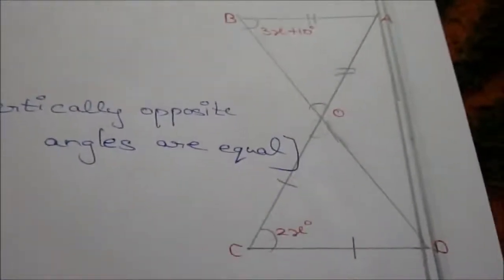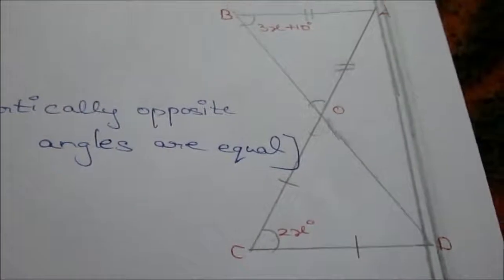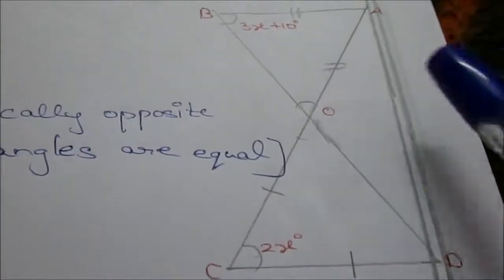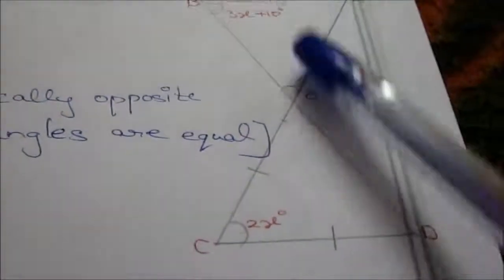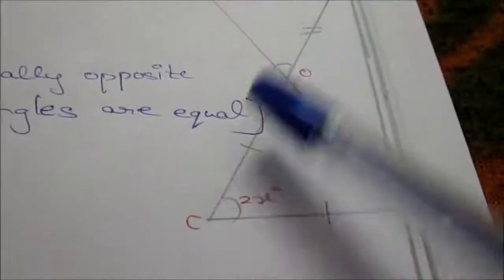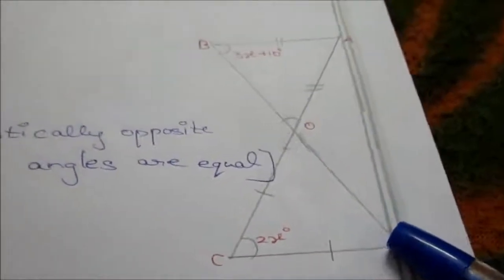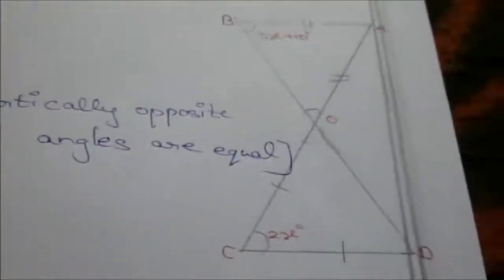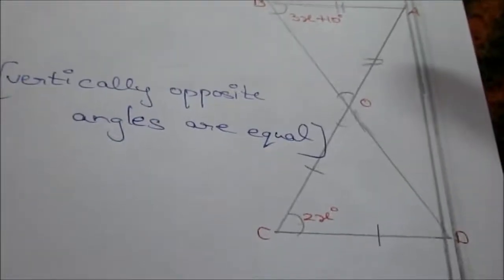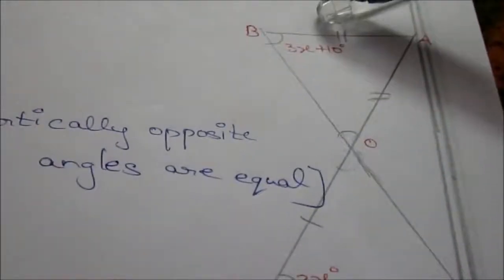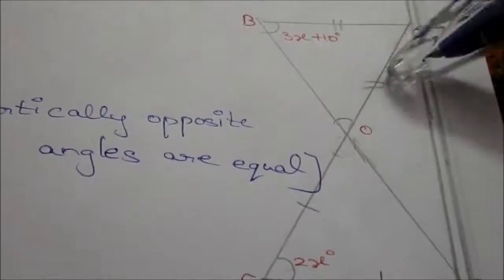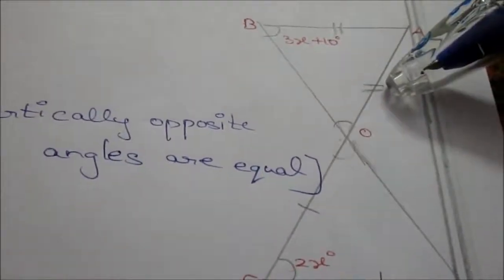Fifth bit. This is the given diagram. Here we have two triangles. AOB is one triangle and COD is another triangle. See these lines. So this is also an isosceles triangle.